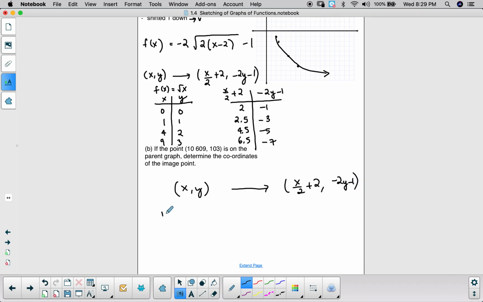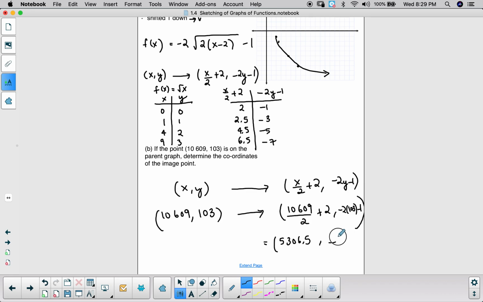So with 10,609 for the x and 103 for the y: divided by 2 plus 2 for the x value, and -2 times 103 minus 1 for the y value. That works out to 5,306.5 for the x value and -207 for the y value, and those are the coordinates of the image point.